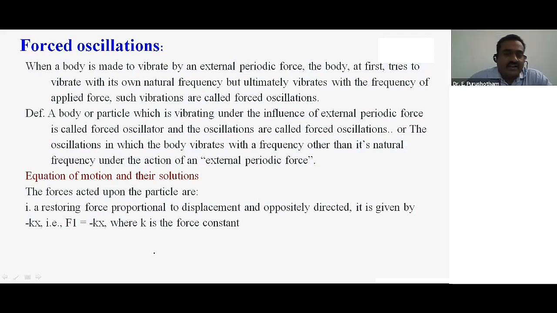So a free oscillator or simple oscillator has only a restoring force. A damped oscillator has two forces, restoring force and frictional force. But this forced oscillator has three forces. Number one, restoring force. Number two, frictional force. Number three, external periodic force.